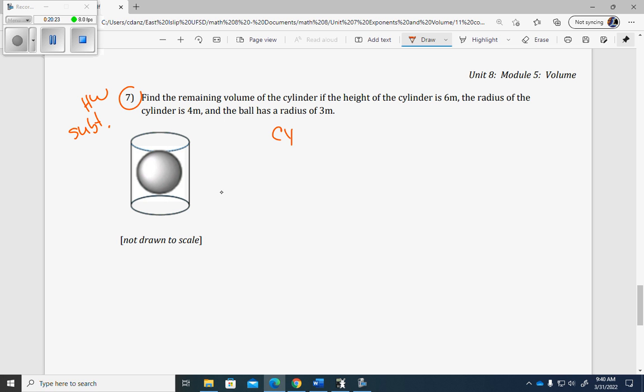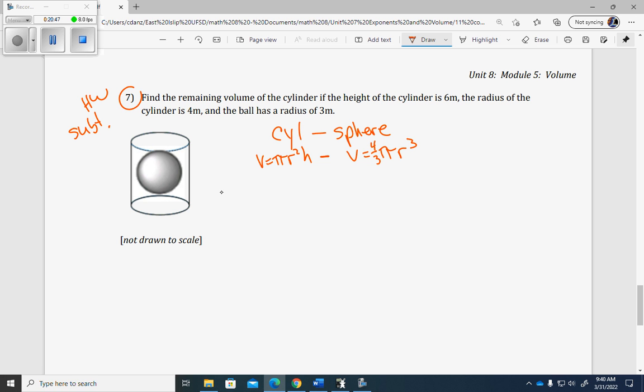It's a cylinder minus a sphere. So volume of a cylinder is pi r squared h. Volume of a sphere is 4/3 pi r to the third. Let's label this picture.